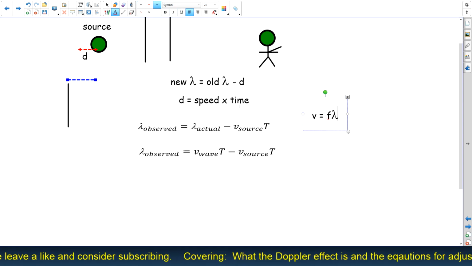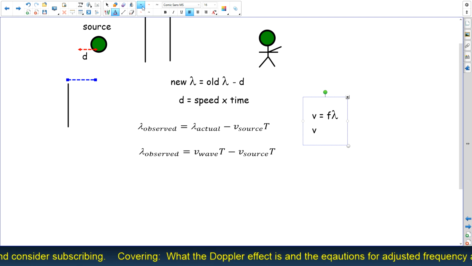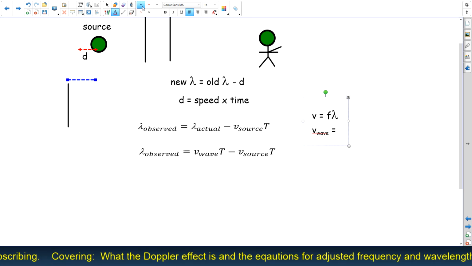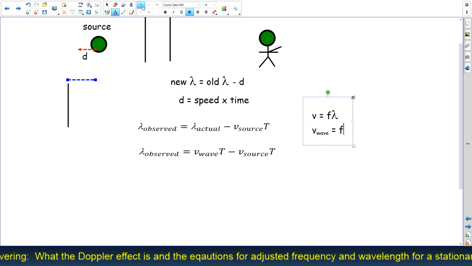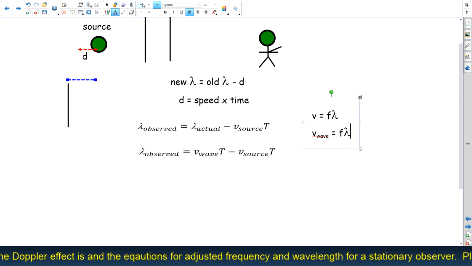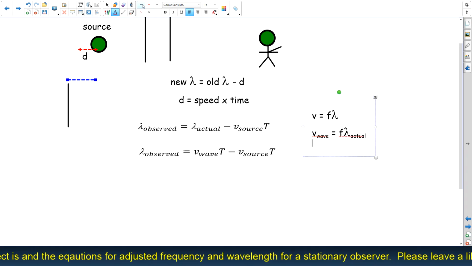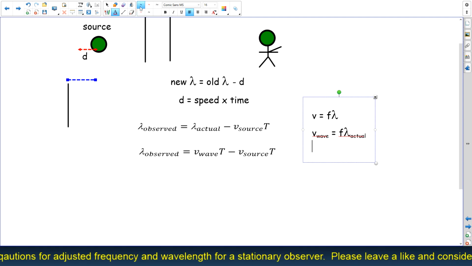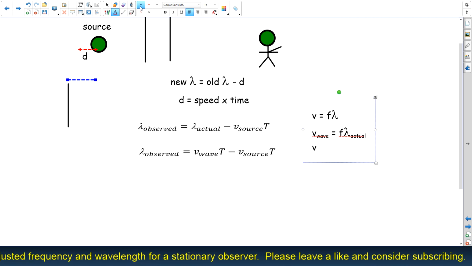Agreed? So the velocity of the wave, V wave, is going to equal the frequency of the wave times its actual wavelength, lambda actual. All right. Now we want an expression for frequency probably more than we want an expression for lambda to start with. So we're going to write this then as V wave.